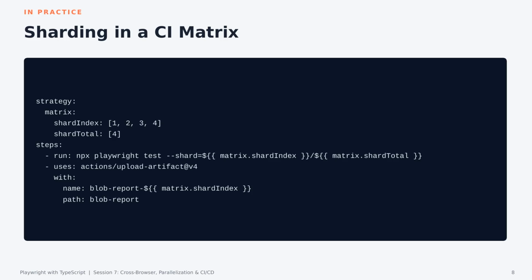This is a really standard CI pattern. The matrix strategy automatically spins up one parallel job per shard index for you without you having to write four nearly identical job definitions by hand.